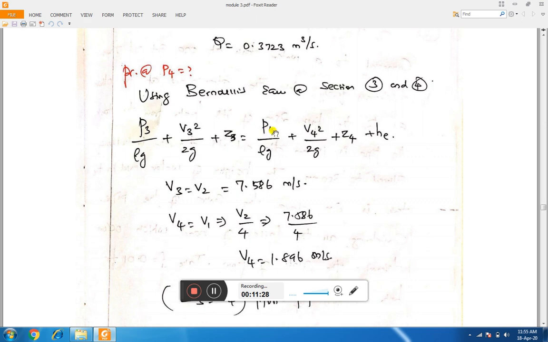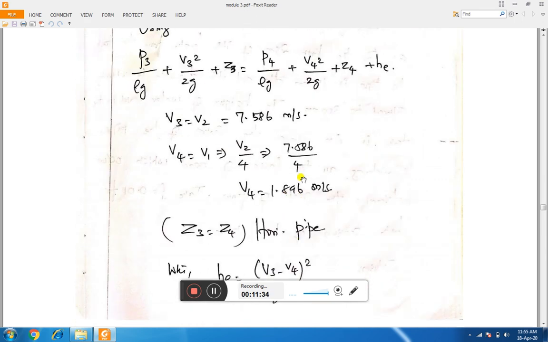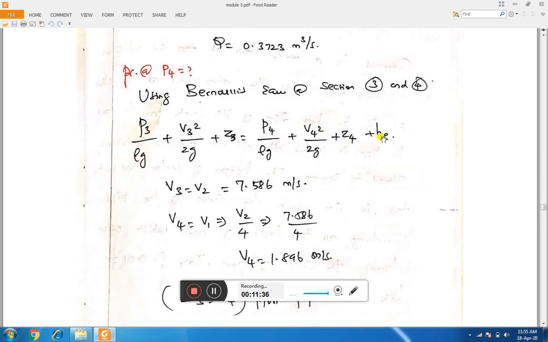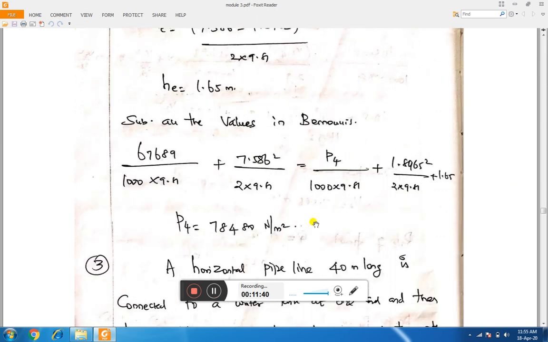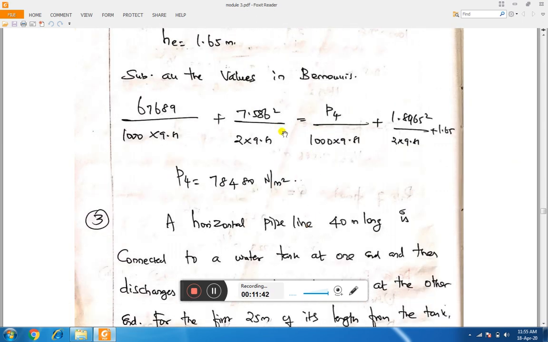So this is unknown. V4 equal to V1 equal to 1.896, Z4 is getting cancelled, and he we have just now found out, 1.65. So substituting all these values in the Bernoulli equation, only P4 is unknown, so P4 is coming around 78480 Newton per meter square. That is the end of the problem.